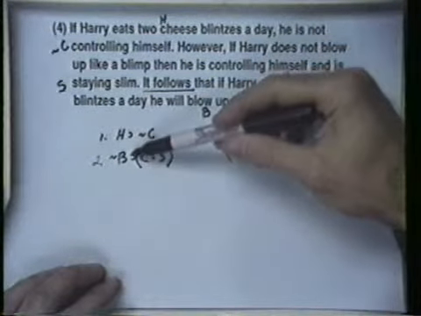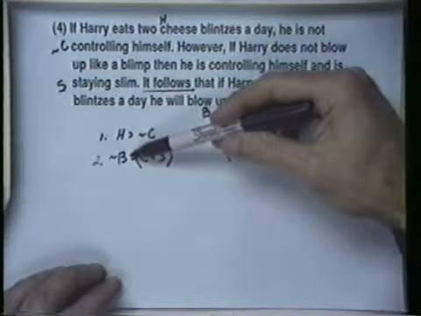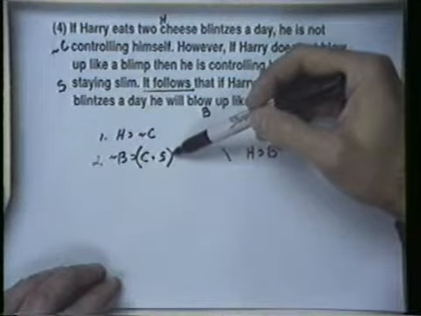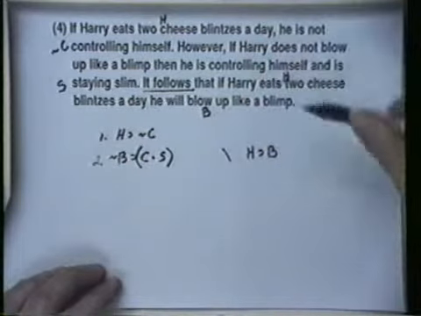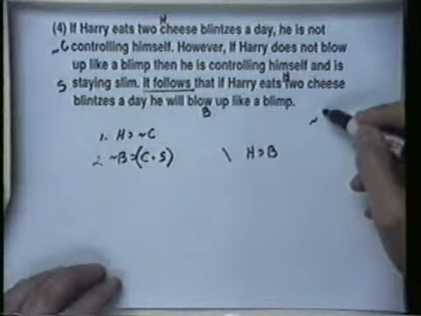We could get B, or in effect not B, out of line 2 here by modus tollens if we had the negation of line 2's consequent.